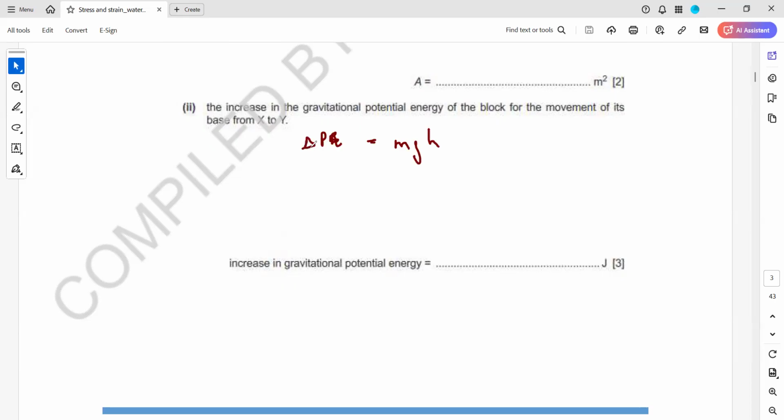And because it is about the change, it will be mg delta h. They mentioned it was moving at a constant speed.